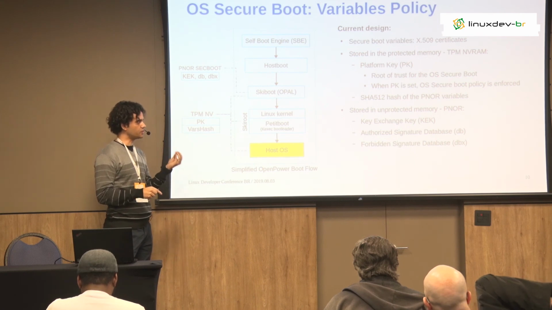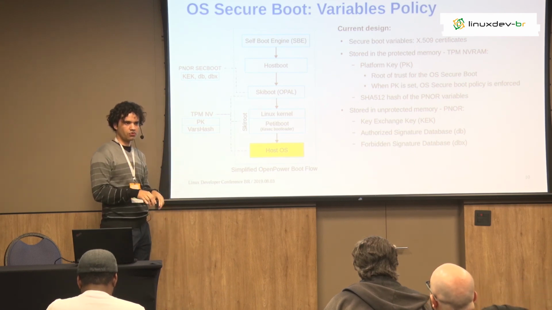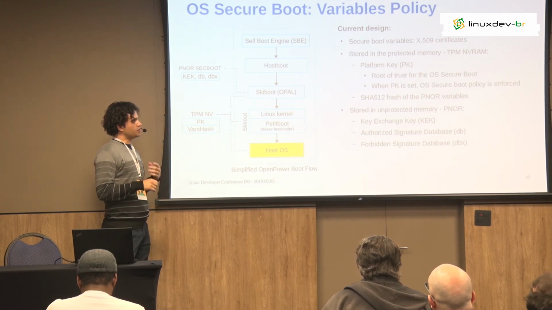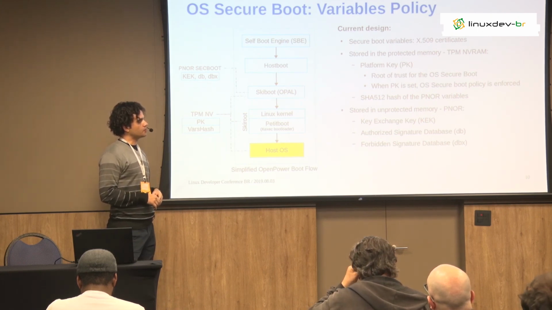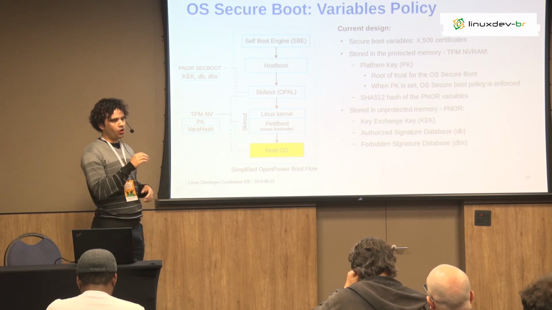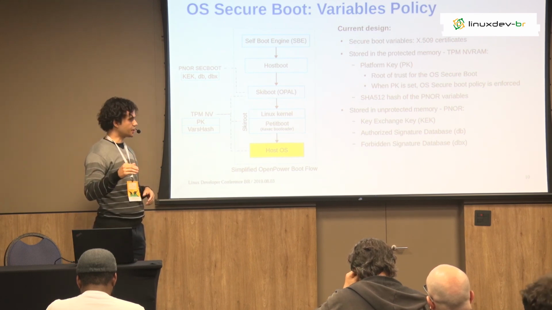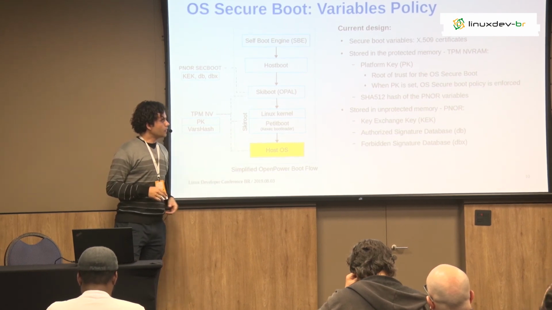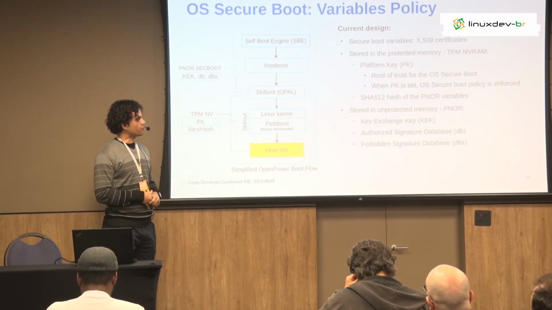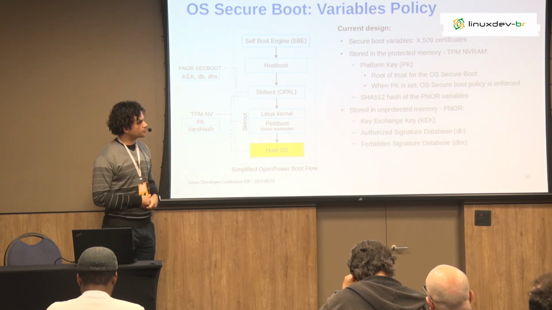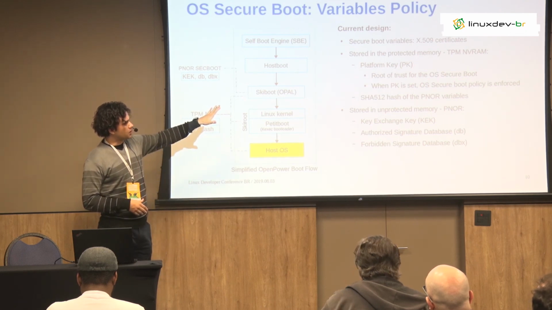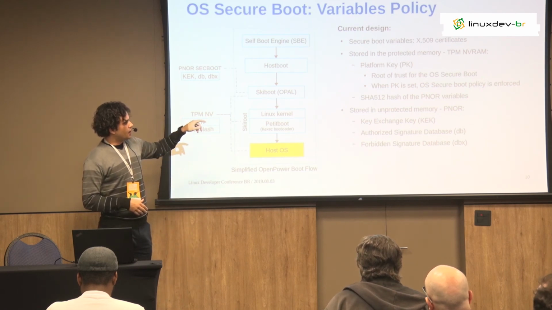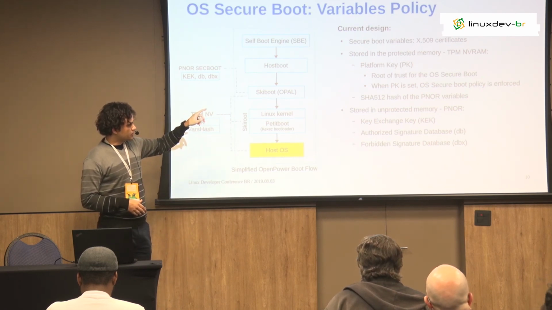I can set it from PetitBoot, from the bootloader. And if this variable is set, OS secure boot will be enabled, and all the kernels that we try to load here with kexec will be verified before being executed. So the platform key is our root of trust for OS secure boot, and we put it in the protected memory here.